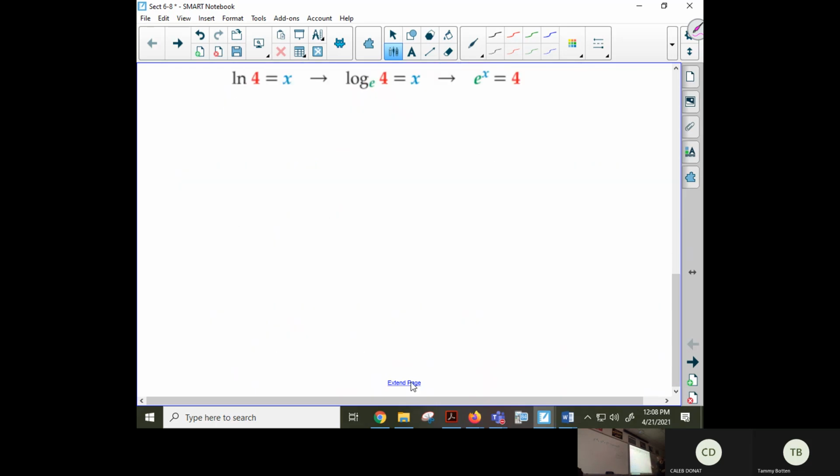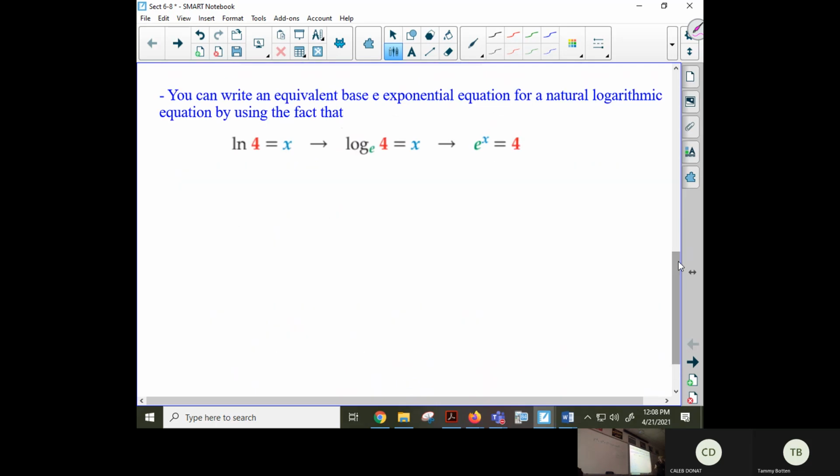Now, one thing we'll have to do today is convert from an e function to a natural log function and vice versa. If you ever have something that says natural log of 4 equals x, I always think of natural log as log base e.